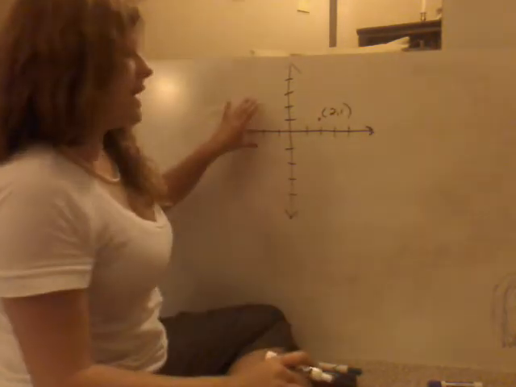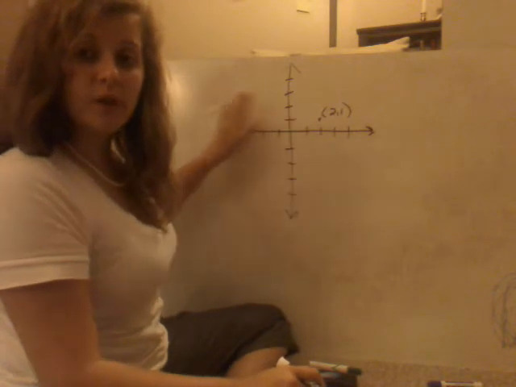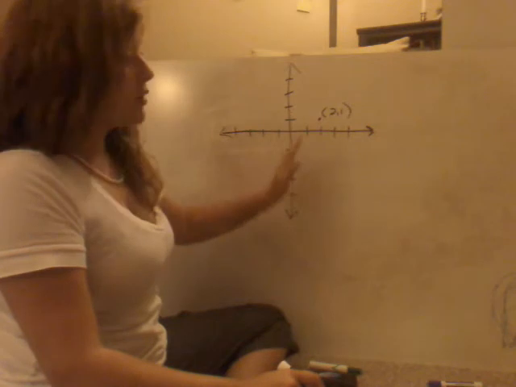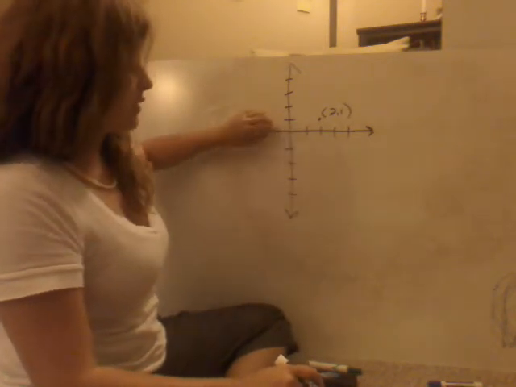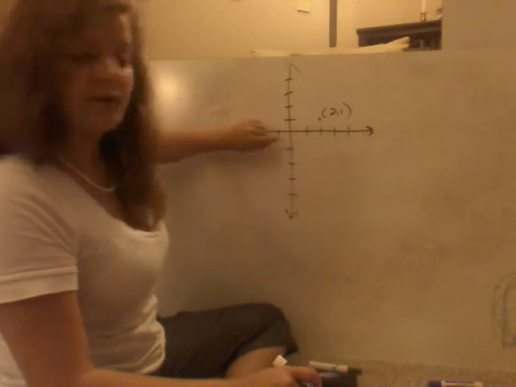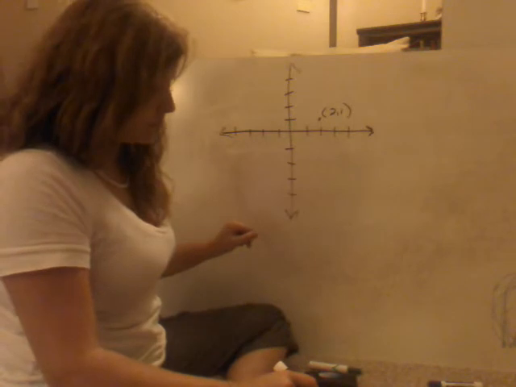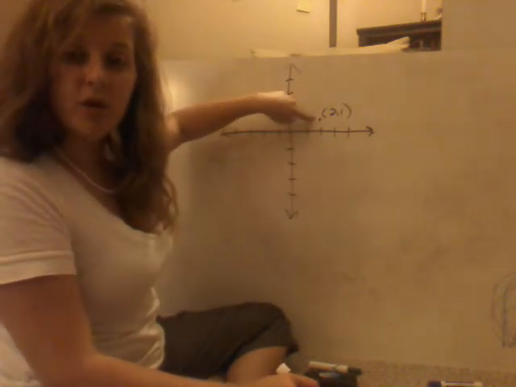I wanted you to name this as a whole. As a whole, it's called a coordinate plane. Remember, it's a flat surface. So just like the board itself, it's a flat surface, but I'm going left and right and up and down on the x-axis and the y-axis. And this point specifically, I wanted you to tell me is called a coordinate.